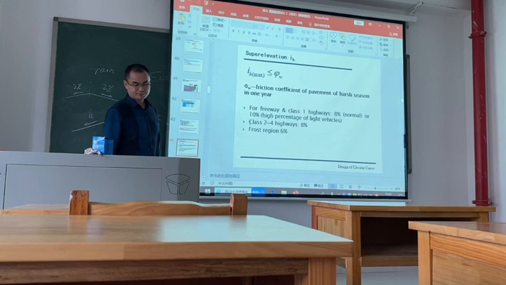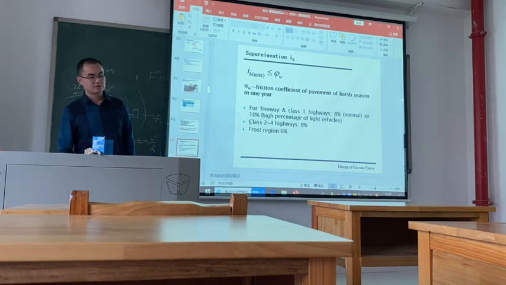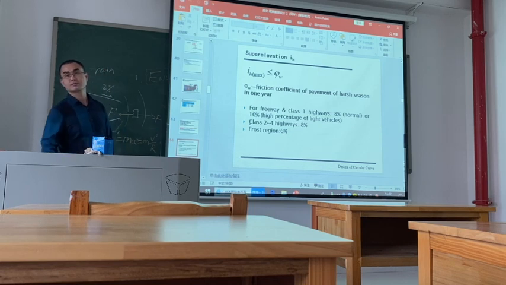On class 2, class 3, class 4 highways, the maximum superelevation IH is 8%. In frost regions, the maximum value of IH is 6%.